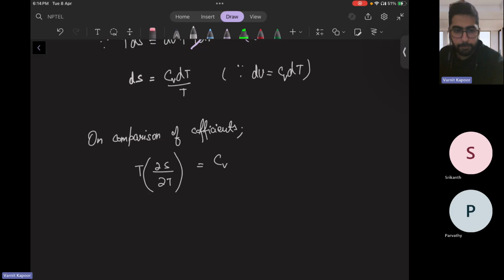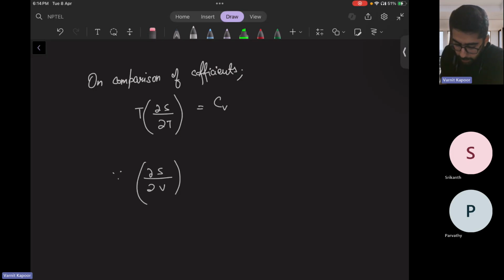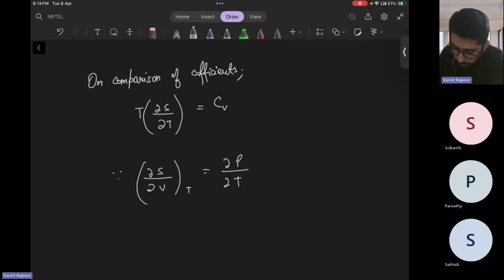All right. And from the Maxwell relationship, which we have discussed in the previous tutorial, dou S by dou V at constant temperature can be written as dou P by dou T at constant volume.